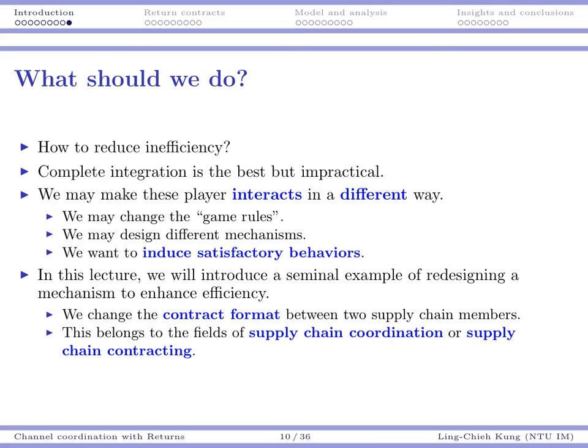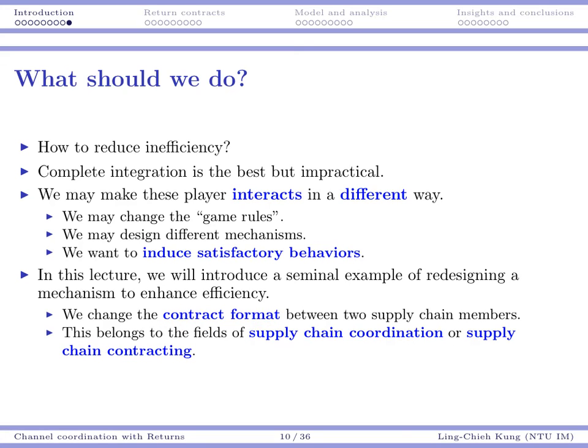We will assume complete integration is impossible. And then our goal is to adjust the mechanism or adjust the game rules to induce different behaviors of the players. And for a supply chain or the distribution channel, basically that's going to adjust the contract format.